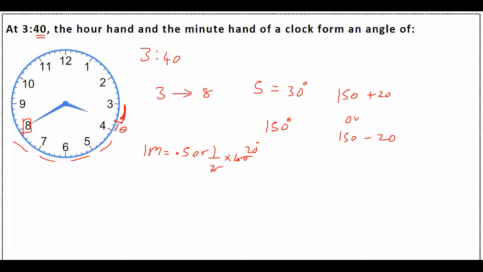From 3 it has traveled this much, which is 40 minutes' duration, equal to 20 degrees. We don't need that 20 degrees. We have to solve only the remaining part. We have found the total 150, so 150 minus 20 will be your answer and not plus 20. So your answer will be 130 degrees.